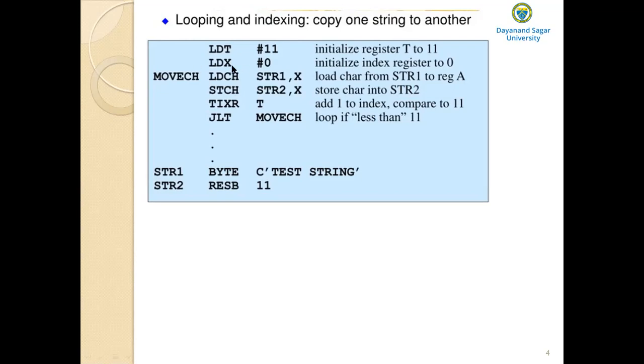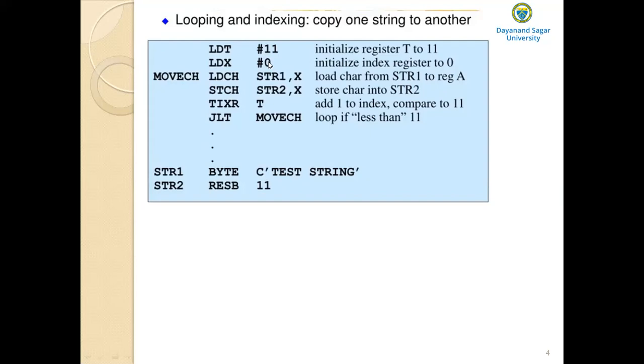The index value is stored in register X, because register X is always used for addressing. So better to use register X to hold the index value. Load register X with the value 0, again using immediate addressing. The hash indicates that it is an immediate value. Now X is initialized with value 0.